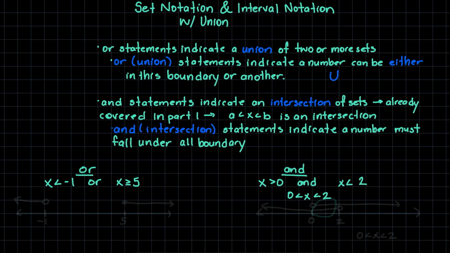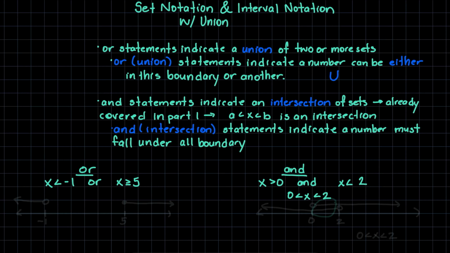A union indicates a number can be in this boundary or another. There are also "and" statements, which indicate an intersection, but we've already covered those in part 1. Intersection statements indicate a number must fall under all of the boundaries.